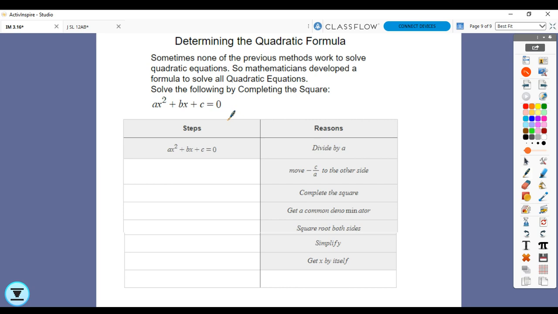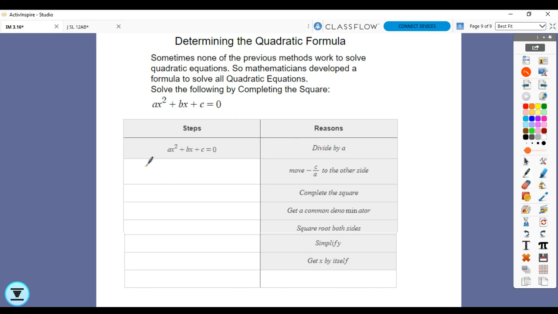And this is going to be one of my favorite things because I like the formula. Now, remember what I said earlier: you cannot have a coefficient next to x squared. So anytime there's a number, we have to divide the whole thing by that number. So notice my reason here.